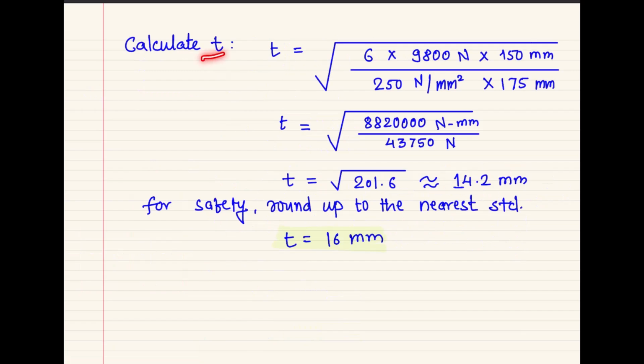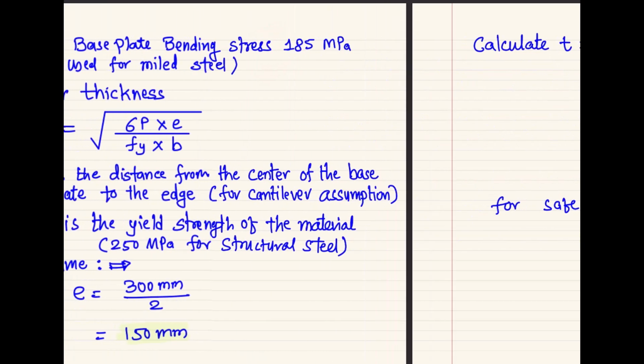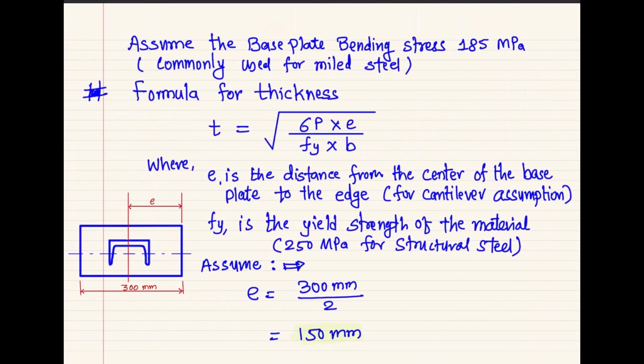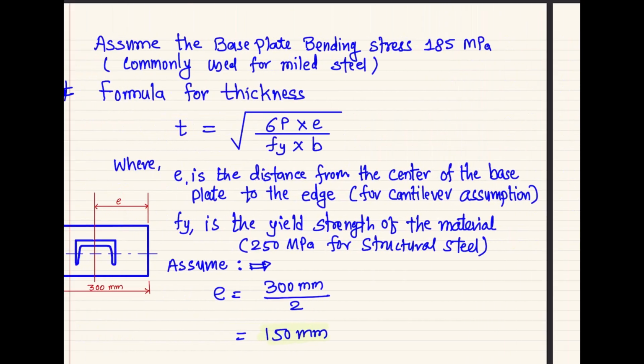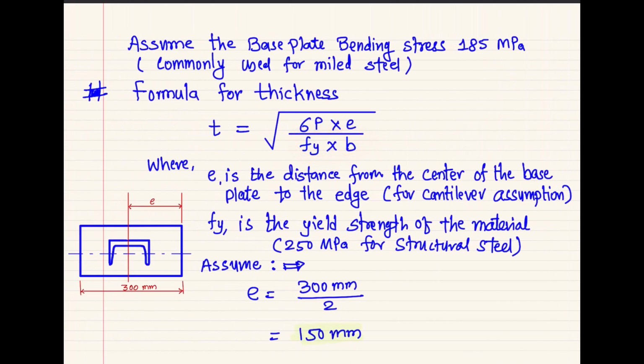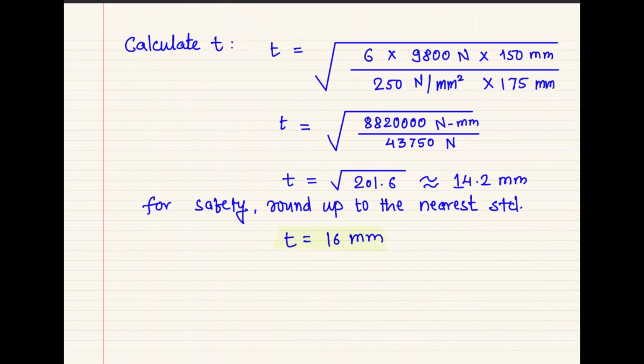Now while calculating T, we put all these values into the formula. As we know, the formula is 6 into P into E. So 6 into P, the load, is 9800 Newton, and E we have just calculated is 150 mm, divided by Fy into B. Fy is the yield strength which we have taken from the catalog, 250 Newton per mm square.